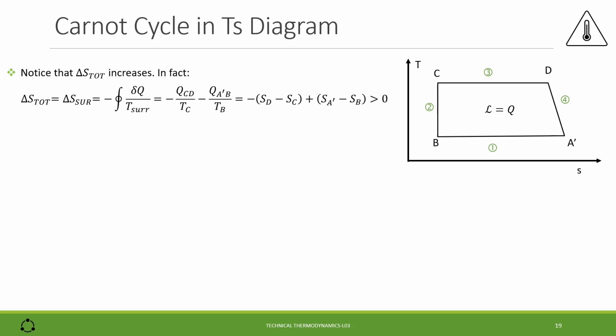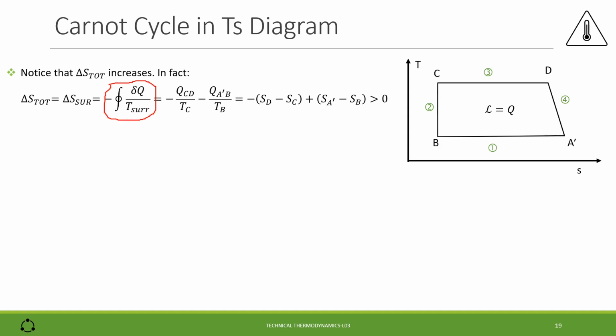In fact, the total delta S is the sum of the delta S of the system and the delta S of the surroundings or the delta S of the recipient. But the delta S of the cycle is 0.